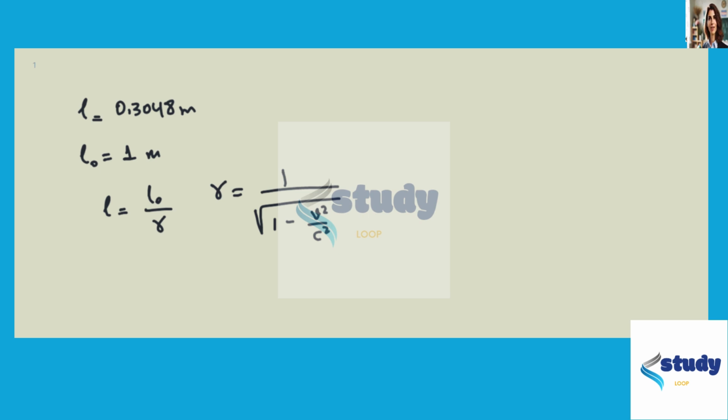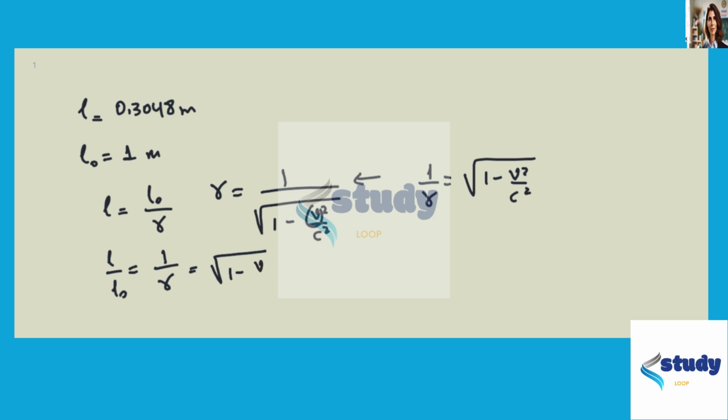So all we need to do is actually isolate this v out of that equation. Now going back here, then L over L naught is going to give us 1 over gamma. And if you look at this expression, 1 over gamma is going to be the square root of 1 minus v squared over c squared. So we can put that here.